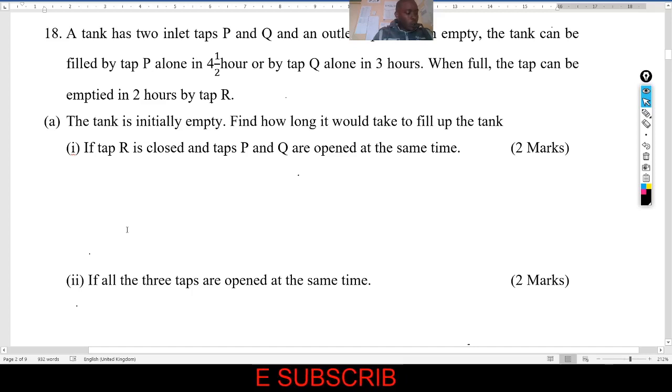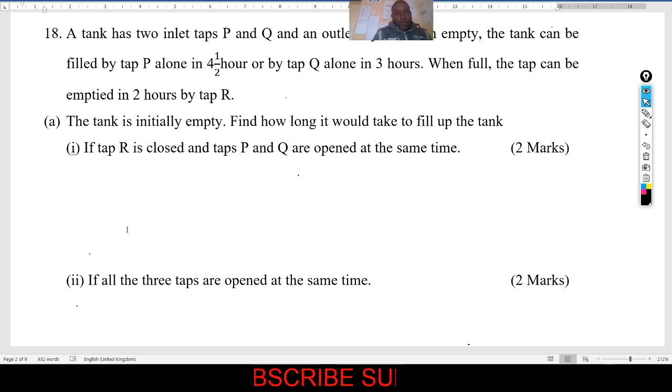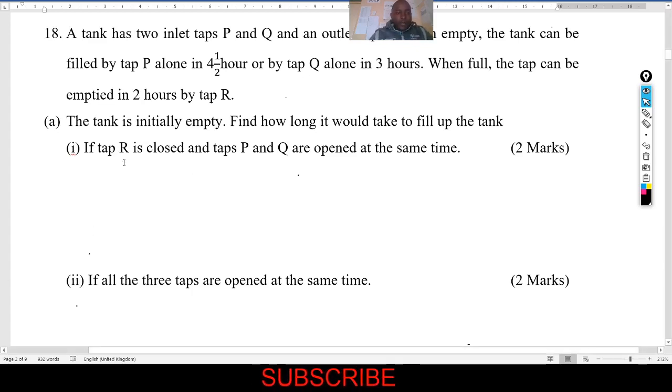Now what to do: you are told that the tank is initially empty. We are asked to find how long it will take to fill the tank if, condition number 1, tap R is closed. Remember, tap R, which is emptying, is closed, and P and Q are opened at the same time.